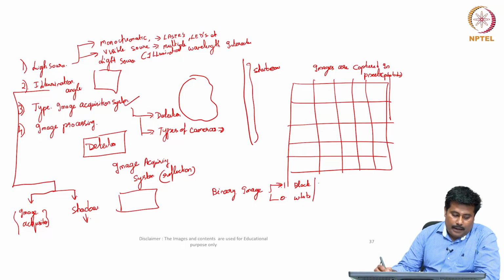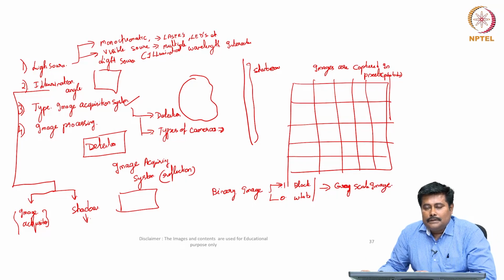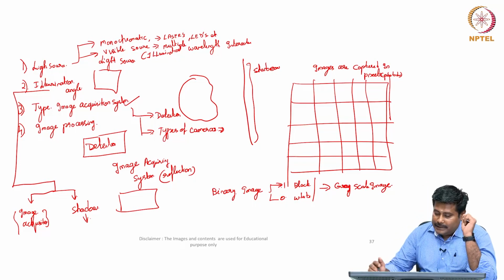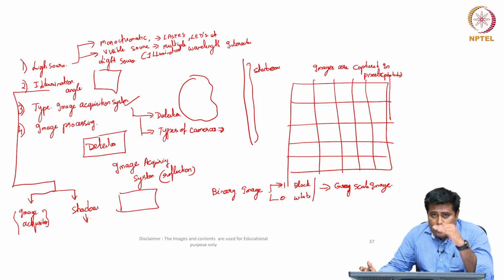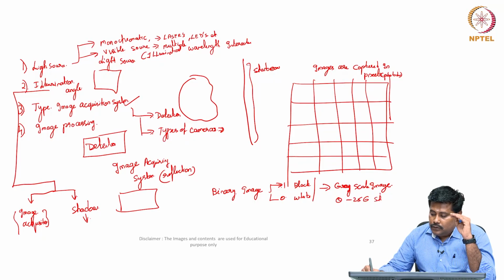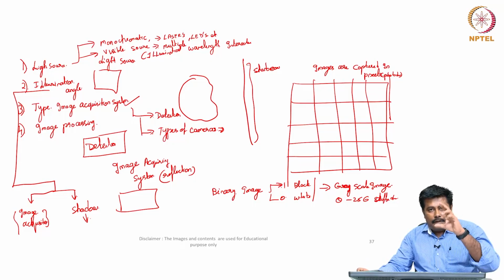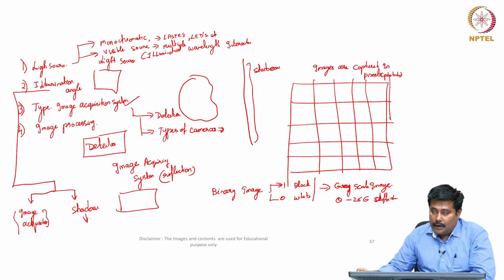Now, this binary image can be appropriately converted into a grayscale image. In the case of a grayscale image, it has shades of gray ranging from white to complete gray, in the range of 0 to 256. Different shades will be deployed, and based on the different shades, we can appropriately see the overall features we are working upon.